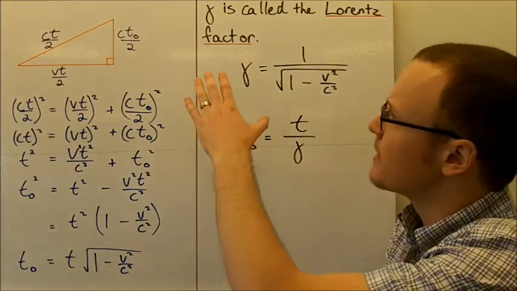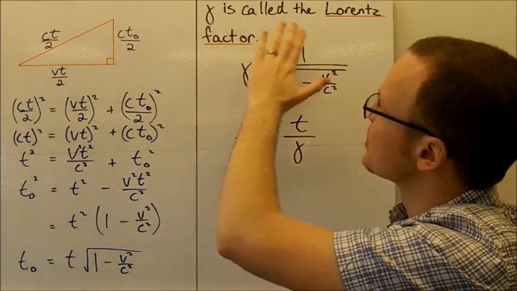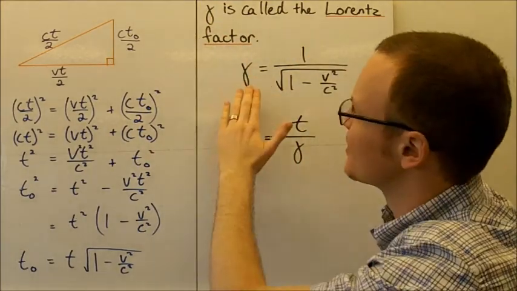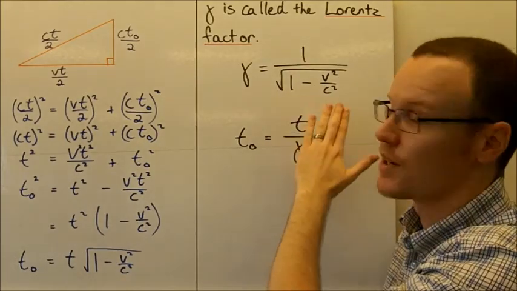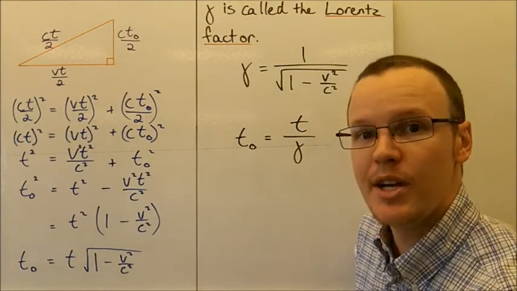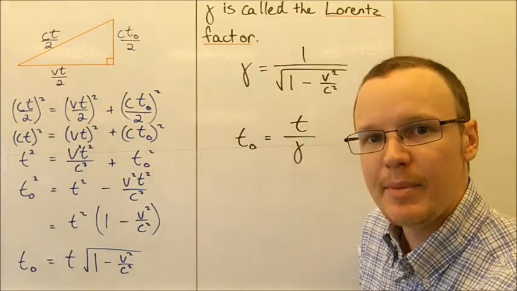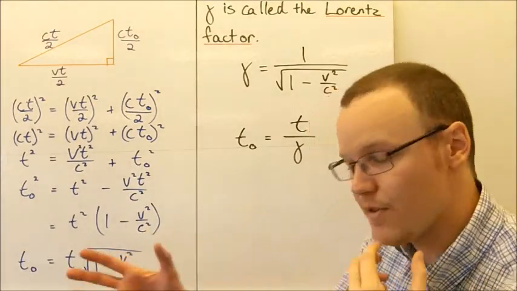So I can introduce now to you this gamma. It's called the Lorentz factor, and gamma is equal to 1 divided by the square root of 1 minus v squared on c squared. And this Lorentz factor comes up a lot in special relativity because it's not just time that will be different for both observers.